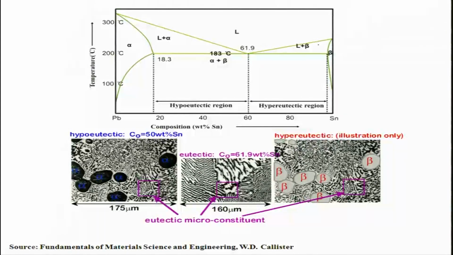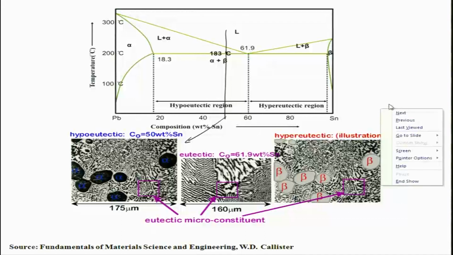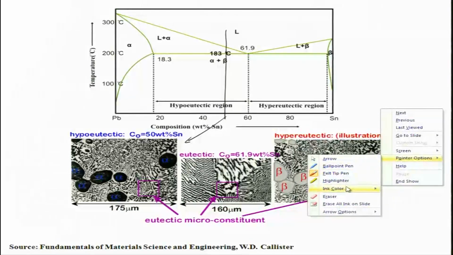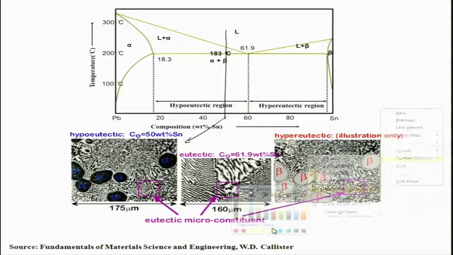So in the hypo-eutectic microstructure, you can see that you have pro-eutectic alpha present at this point. Let me just change the ink color, maybe the green one.